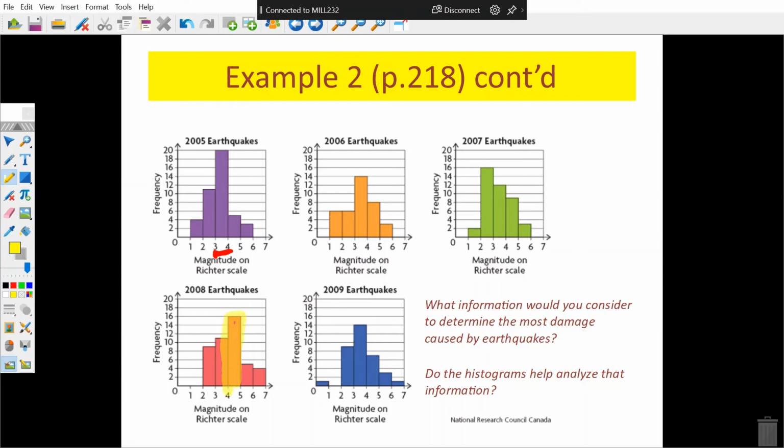For example, 2008. 2008 has got 16 that occurred between 4 and 5, which does lead to some damage, as well as a few more between 5 and 6, and 6 and 7. So this would be the year that would have caused the most damage, because it had the most after 4. 2009 is close, but 2009 only goes up to 14 and then down to 7.